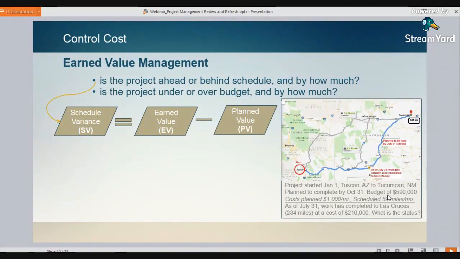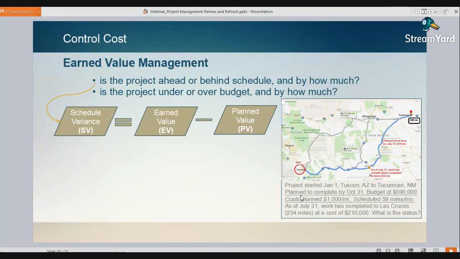Our budget is $590,000. Here's an assumption: the costs were planned at roughly $1,000 per mile. We have 585 miles and $590,000, roughly $1,000. And it's scheduled for 10 months, so roughly 59 miles per month.